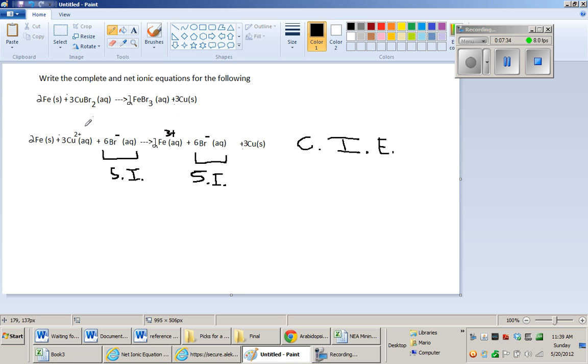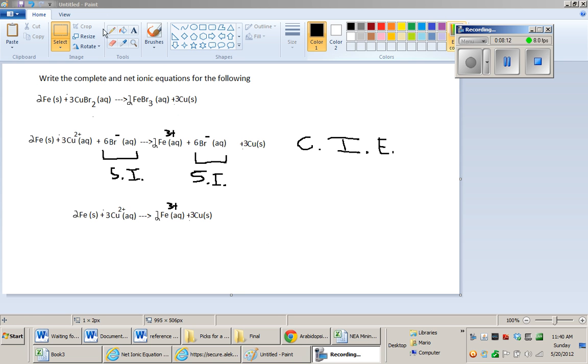Notice that these other species, this iron, which used to be a solid and neutral, is now a solvated ion. It's charged and it's in solution. Notice that this copper, which used to be a +2 ion in solution, aq, is now a solid, and it's neutrally charged. So if I wanted to write out what's changed and cut out the spectator ions, I would get the net ionic equation.